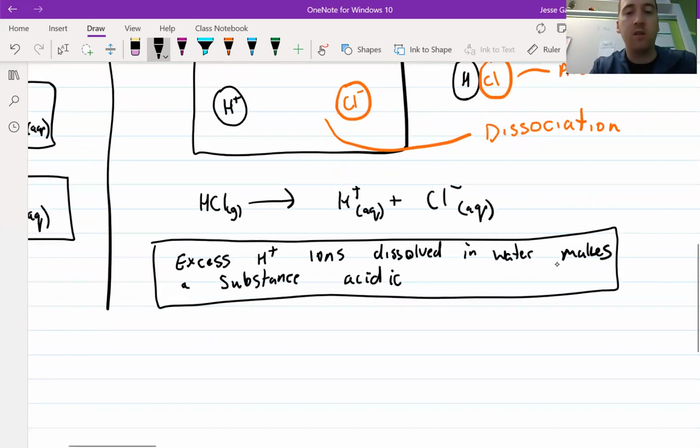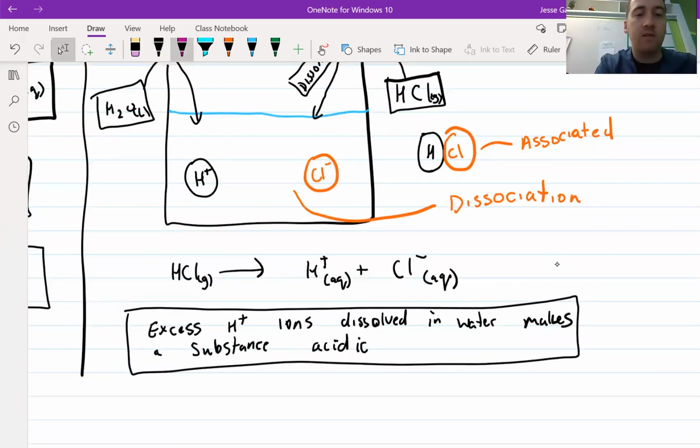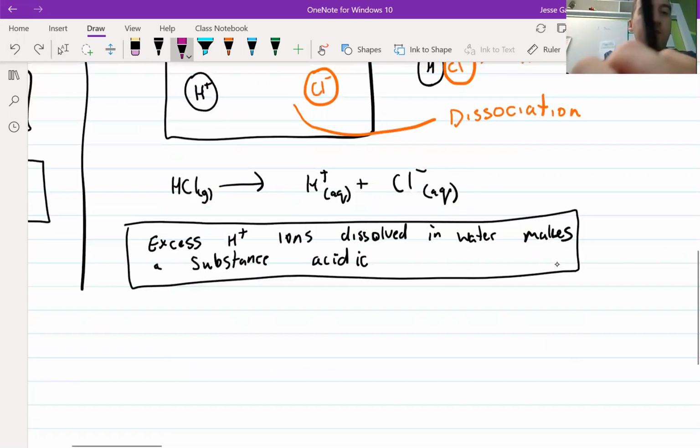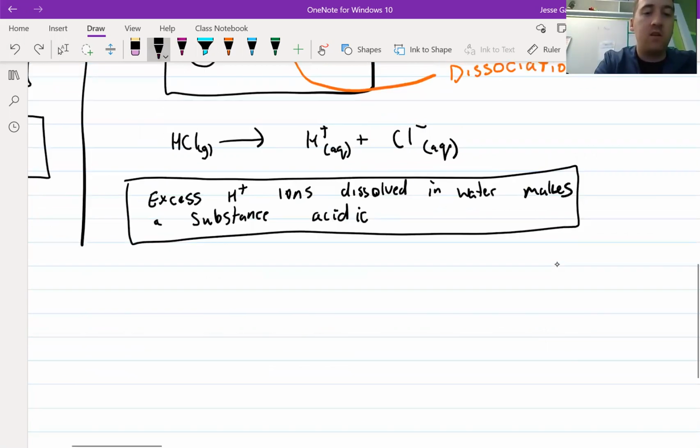So if a substance can split up to give these extra H plus ions, this is what makes a substance acidic. If a substance doesn't produce these, then it can't be acidic. But if a substance splits up and gives loads of extra H plus ions in the water, it's going to be an acidic substance. And there's different types of acidic substances. Some substances, when we put them in water, give a few H plus ions.